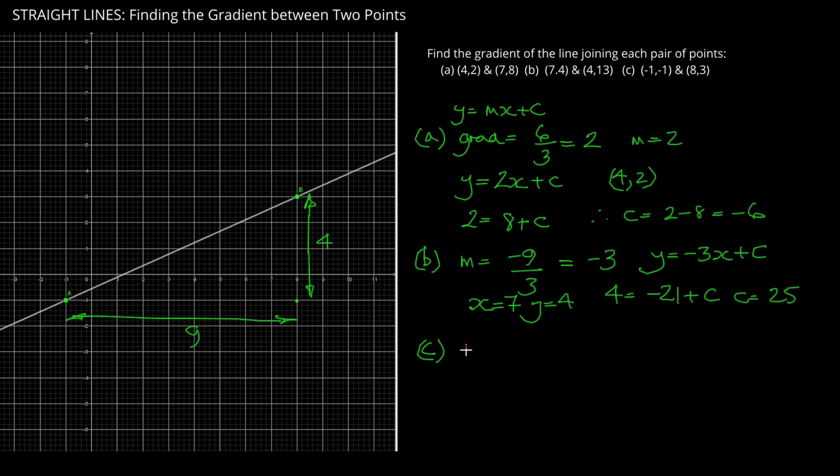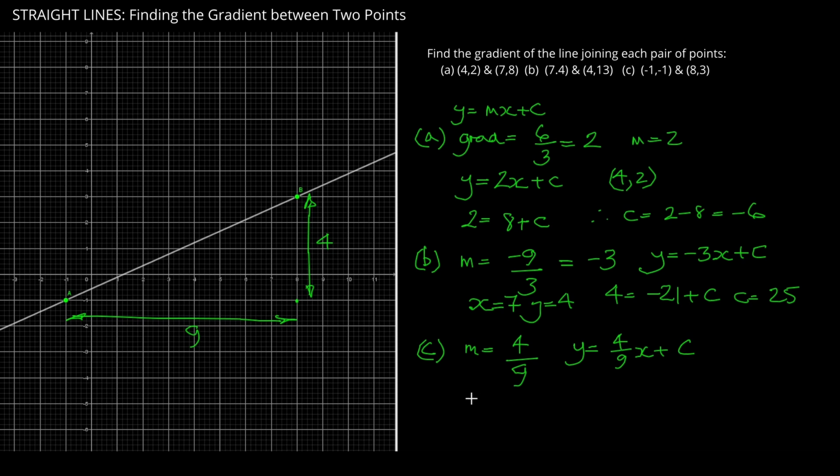So our gradient, m, is equal to the rise, which is 4, divided by 9. Well, there's no more cancelling to do there, so that's just our gradient, and I recommend you leave it as a fraction. Don't start trying to go to a decimal. So our equation sits at the moment at y is equal to 4 over 9 x plus c.